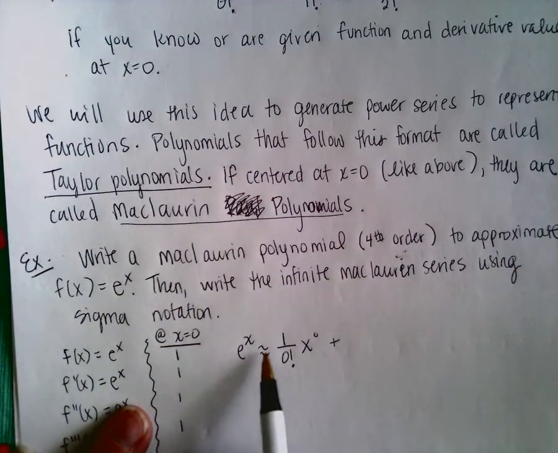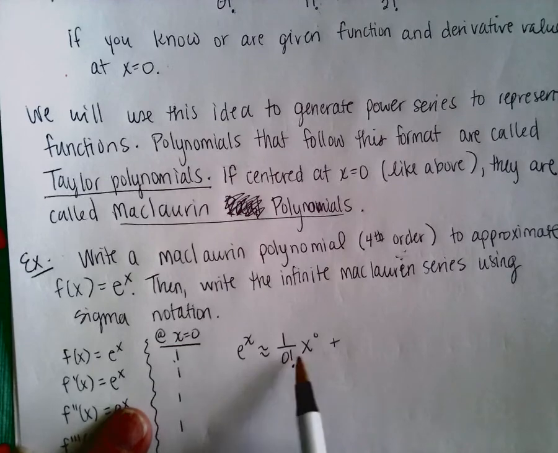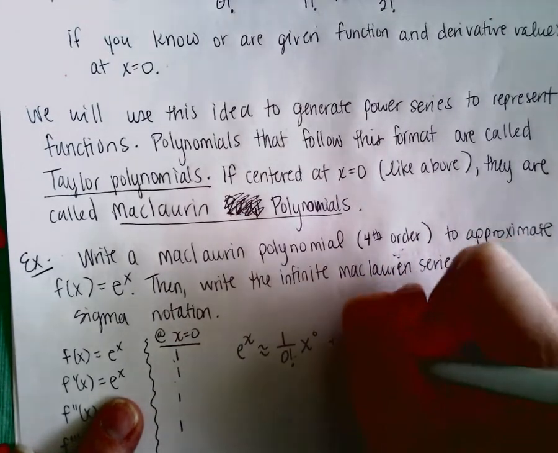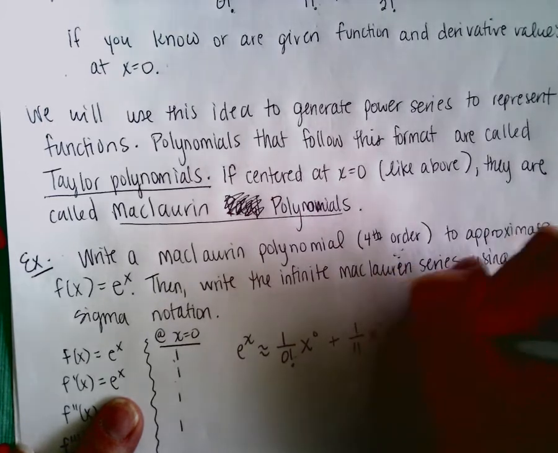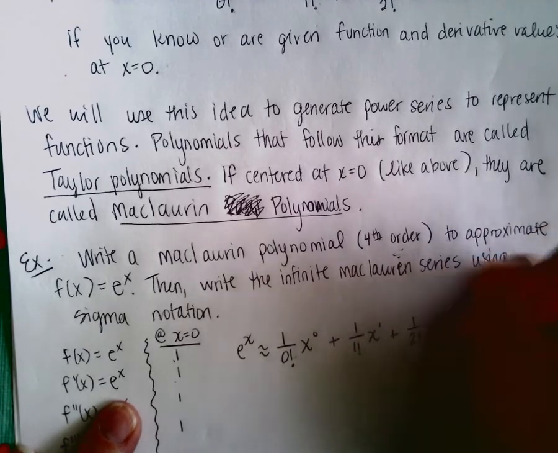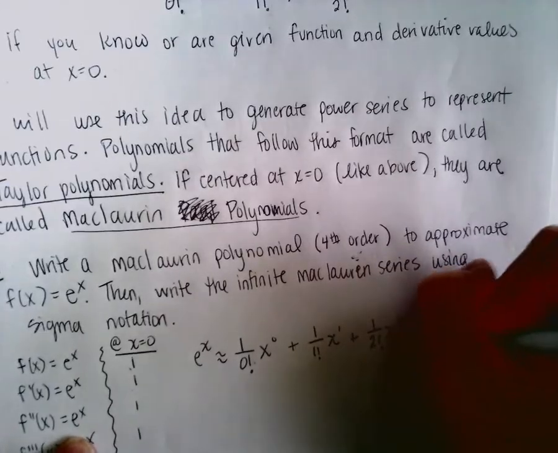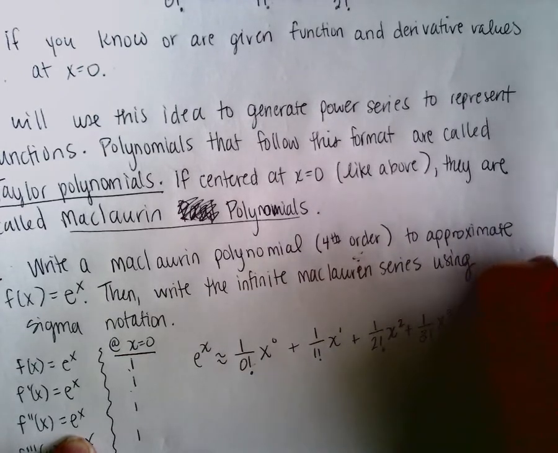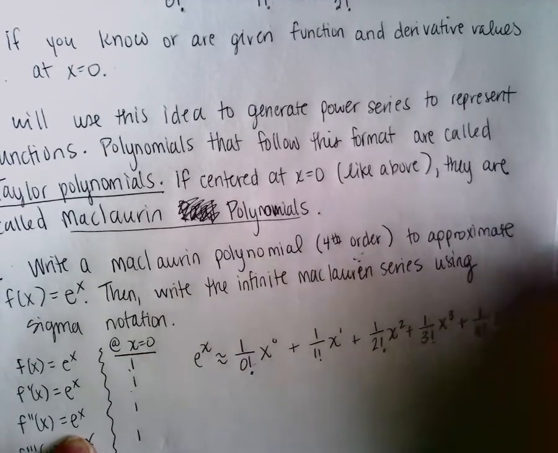The function value is your 0 term. Then the first derivative, so 1 again, over 1 factorial times x to the first. Plus the next derivative, so they're always 1, over 2 factorial times x squared. The next derivative over 3 factorial times x cubed. And the 4th derivative over 4 factorial times x to the 4th.